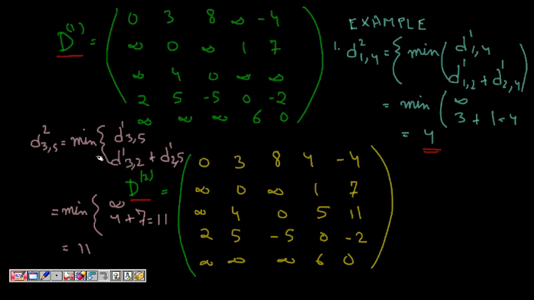Otherwise, if we choose the second node, I have to go from 3 to 2 using just node 1, and then 2 to 5. So we see here, 3 to 2 is 4, and from 2 to 5 it is 7, so it is 11, and that's what we saw.